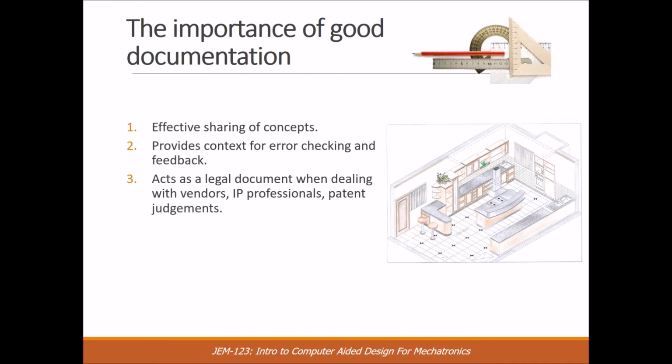When you're dealing with a vendor, if the documentation is clear and unambiguous, then the vendor has to make it according to the documentation, and if they don't, you have a clear, unambiguous way of saying you didn't make what I wanted, or you did make what I wanted, whichever way it goes.